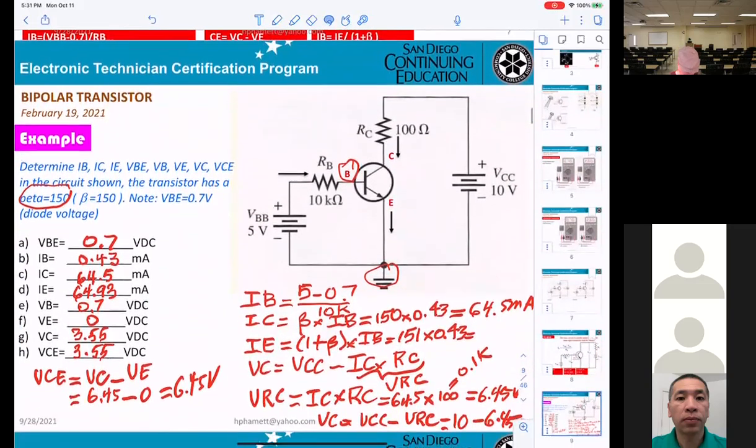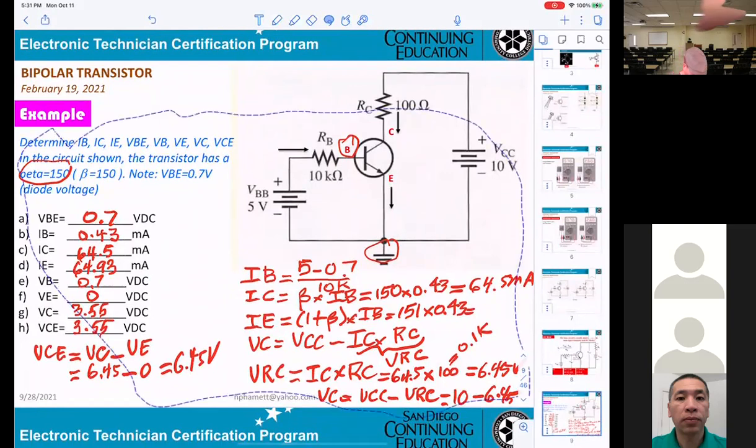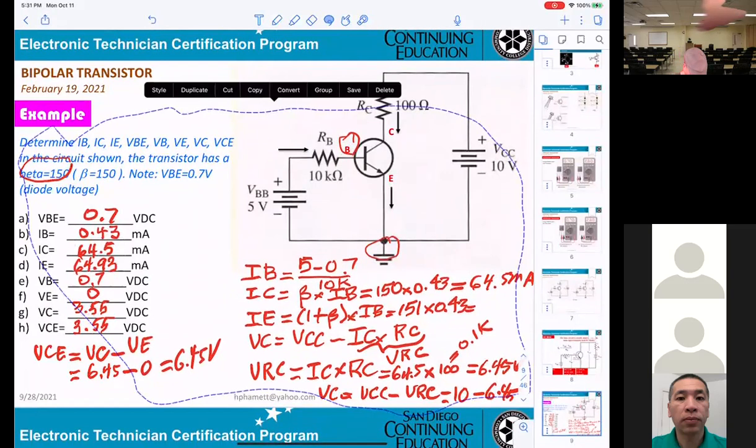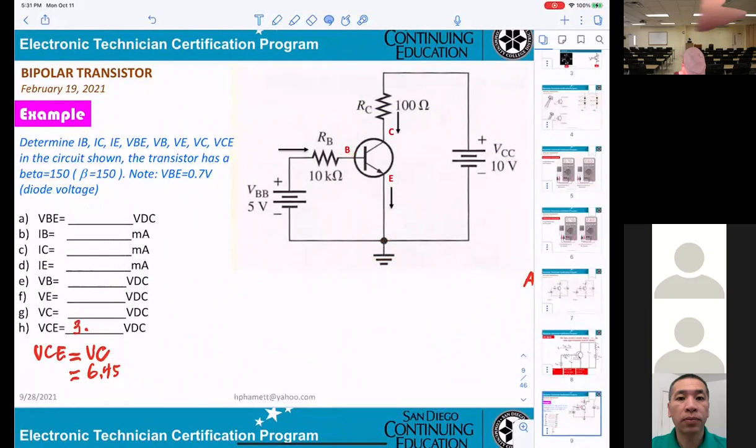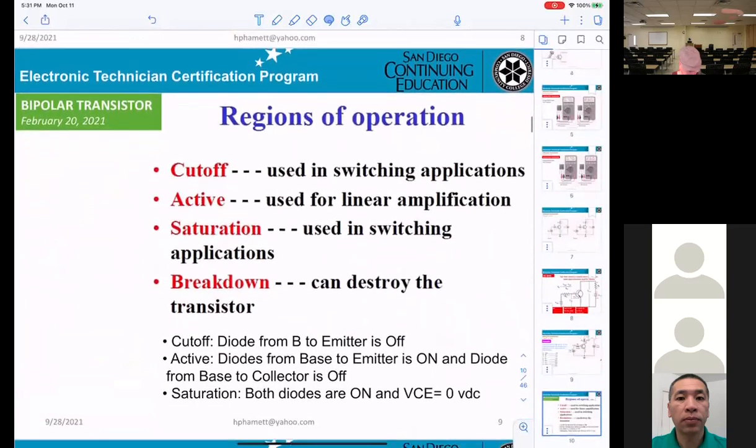But we will not go into detail on this. Make sure you get the problem, okay? Just bring it up. You have to really understand that's the basic for a technician.